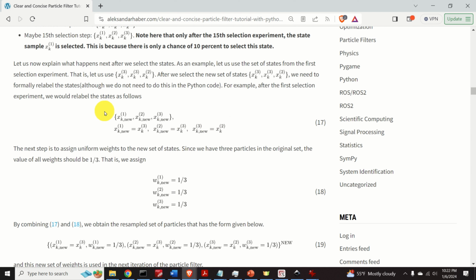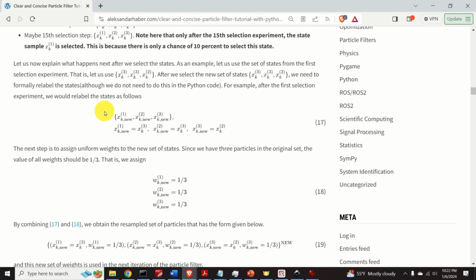For example, if we have 4 particles, this array can look like this: 0.1, 0.4, 0.2, and 0.3. If you sum all the weights, that is 0.1 plus 0.4 plus 0.2 plus 0.3, you actually obtain 1.